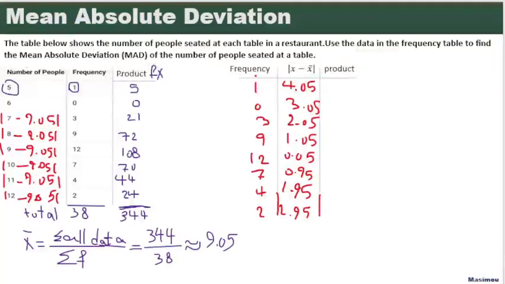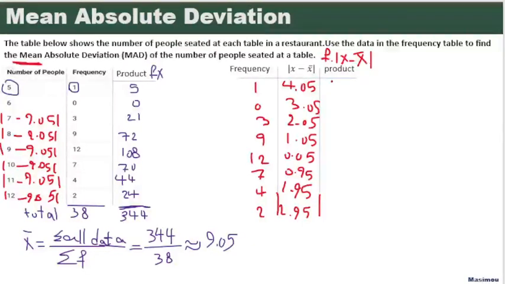Here are all my frequencies that I bring here, and I want to find the mean absolute deviation. To find it, first of all, I have to find the product of frequency and the absolute deviation of each data value. So I say f times absolute deviation of each data value.